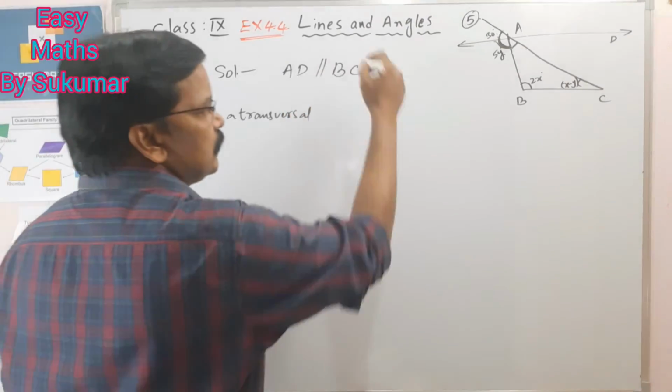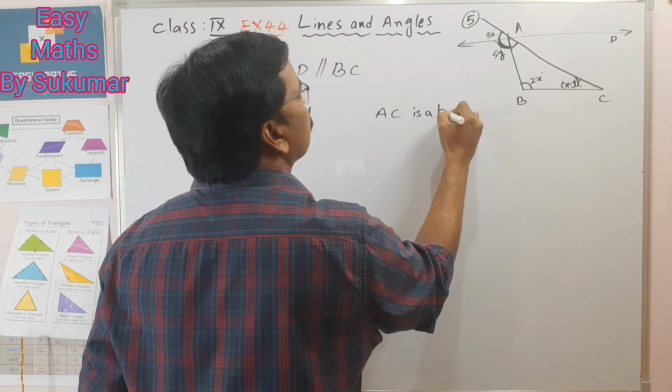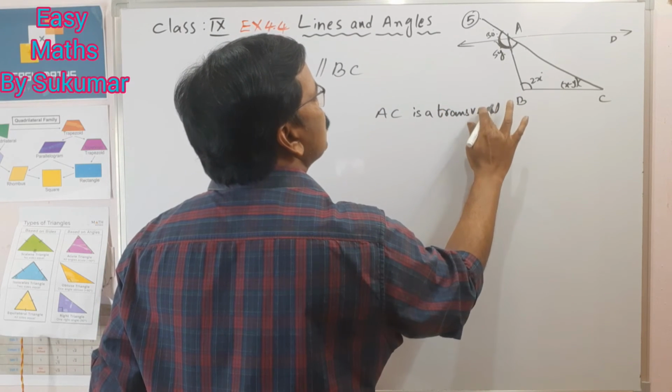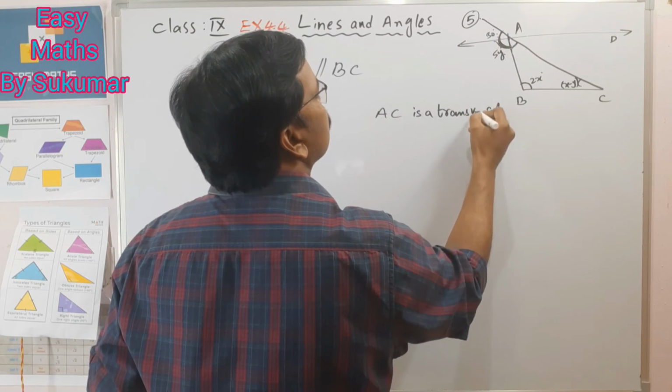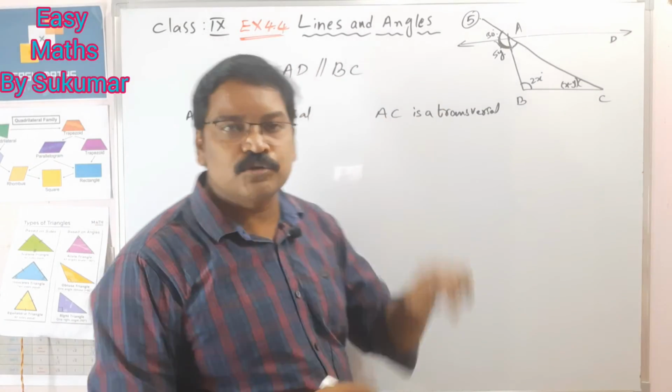Let us take AC is also a transversal for AD parallel to BC.